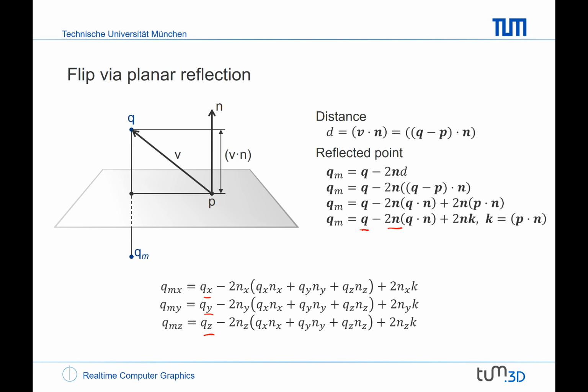Then comes the first bracket, which is the scalar product between Q and N, component-wise: Qx times Nx plus Qy times Ny plus Qz times Nz, plus 2 times again the x component of N times K, and K, we have said, is just the scalar product between P and N. That gives us an equation for each of the x, y, and z components of the reflected point Q.